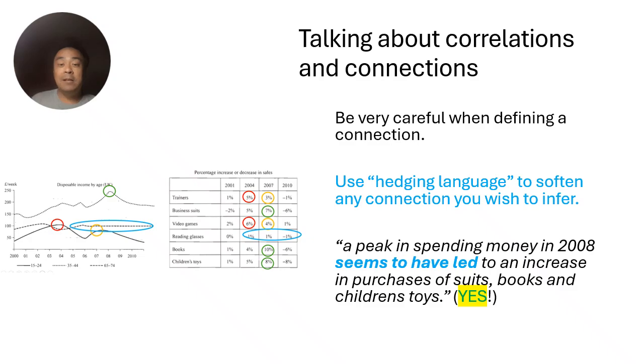For example, a peak in spending money in 2008 seems to have led to an increase, may have been related to an increase, could have been connected to an increase in the purchase of suits, books, and children's toys. This is safer. It's much better to use in your academic writing.